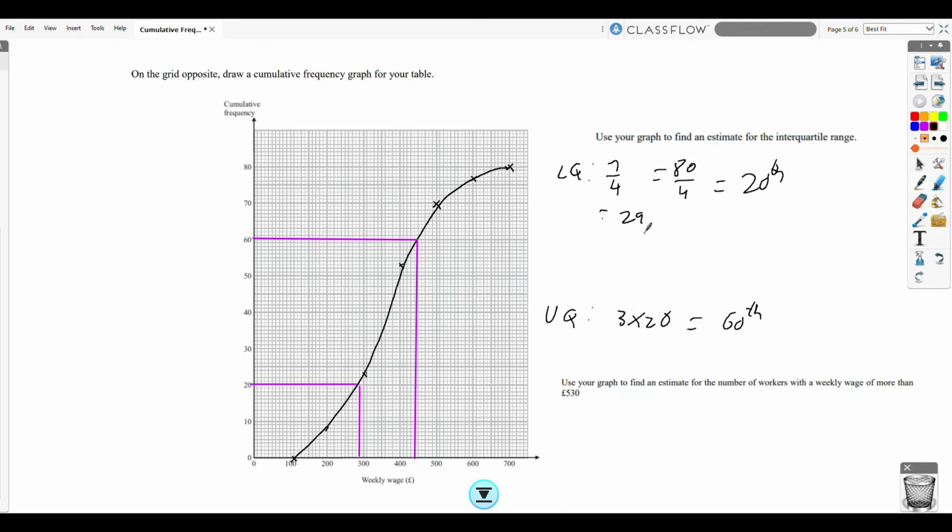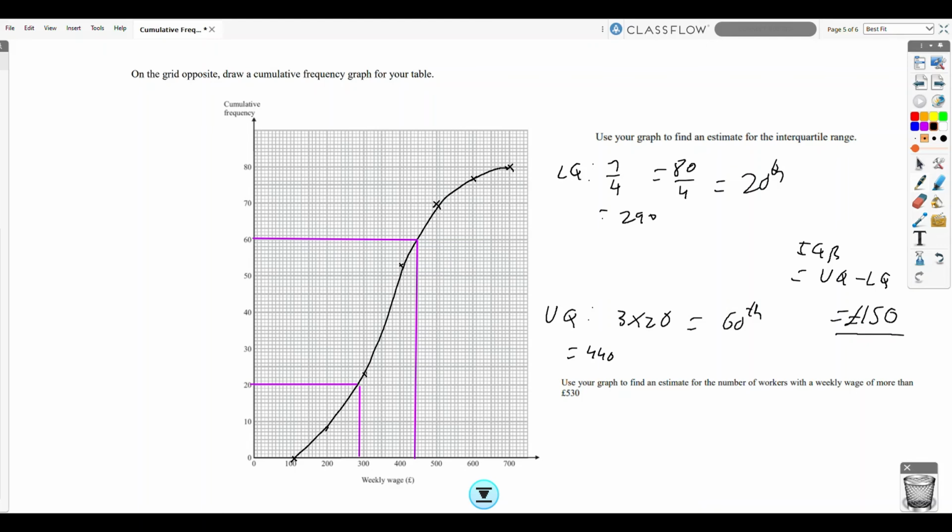So your IQR is your upper quartile, take away your lower quartile. So 440 minus 290 is 150. Now within 30 of this will be fine, since there'll be some leeway depending on your estimates of those quartiles.